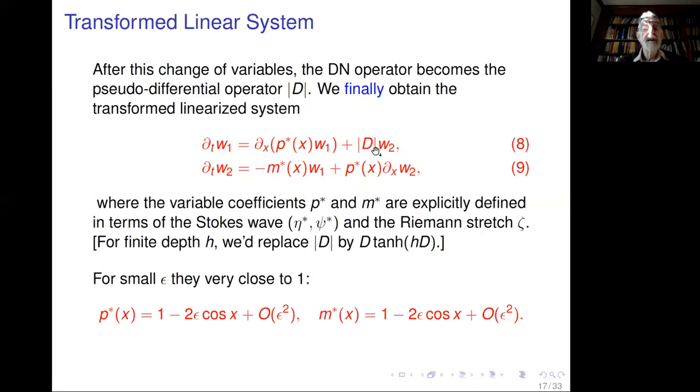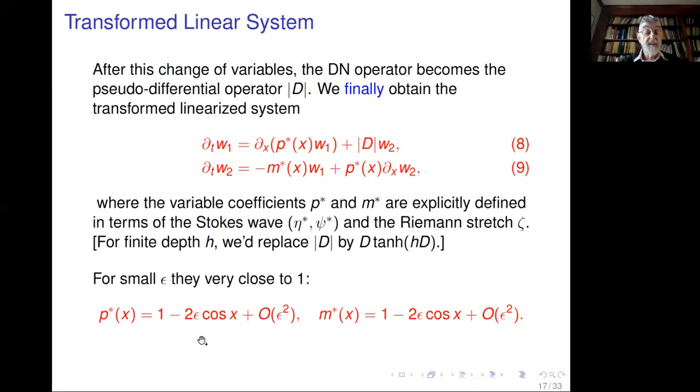Absolute D just means when you Fourier transform, you multiply by the absolute value of the Fourier variable. So it's pseudo because of the absolute value. It's not a regular derivative. And this coefficient depends on the Stokes wave. And this coefficient, here it is, same guy, also depends on the Stokes wave.